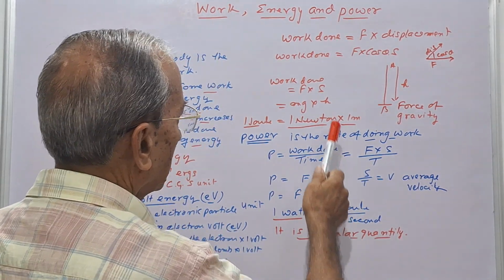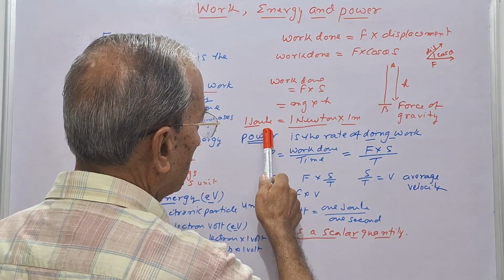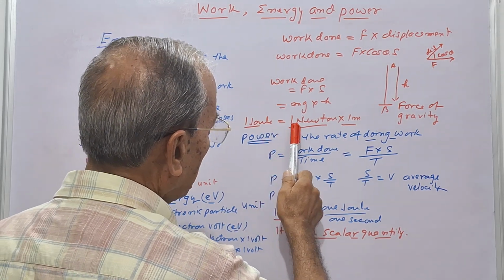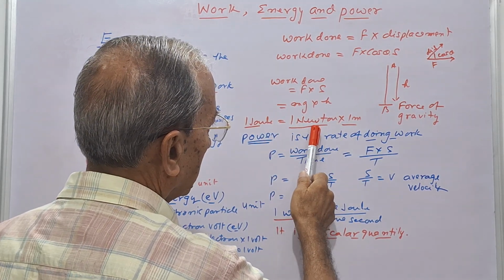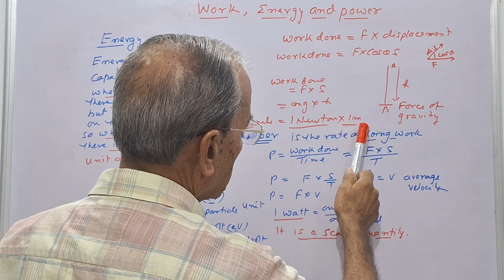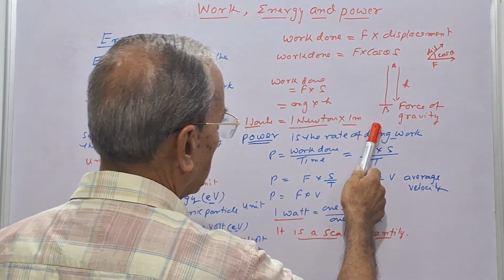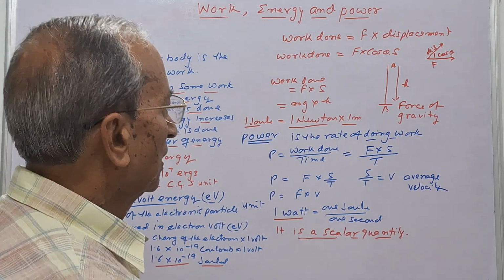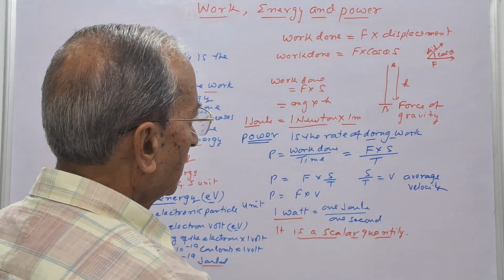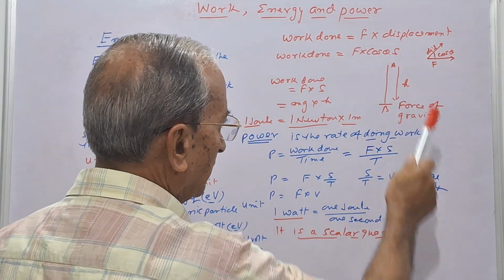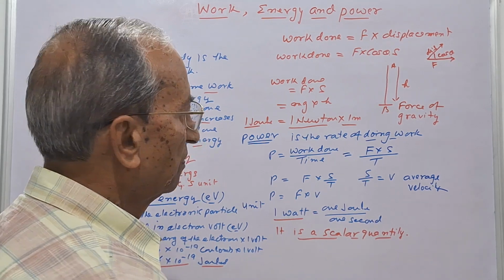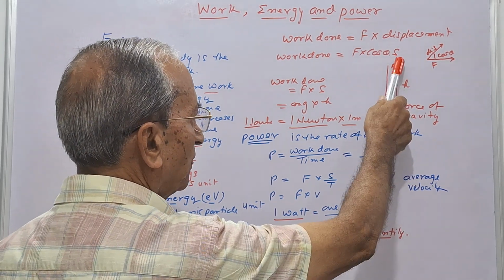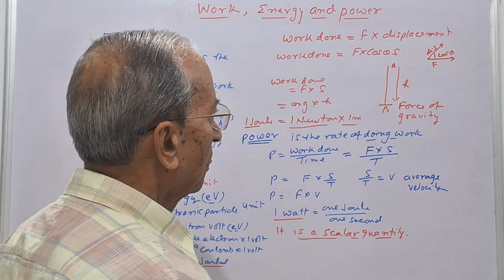Now the unit of work done is 1 joule. If 1 Newton force gives a displacement of 1 meter to the object, it is equal to 1 joule. Now here, h is very important, that is the height from where the object falls to the ground.